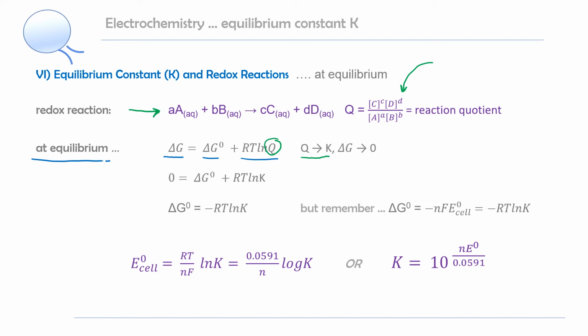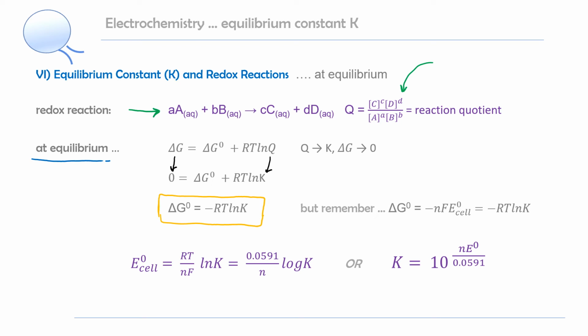We're at equilibrium, so the value of Q goes to K. And also, as we hit equilibrium, the Gibbs free energy change goes to a value of 0. So substituting those relationships into the above equation, the delta G goes to 0, Q goes to K, and we have this equation: 0 has got to equal the Gibbs free energy change under standard conditions plus RT ln K. If we rearrange the terms in this equation, we get Gibbs free energy change under standard conditions equals negative RT ln K.